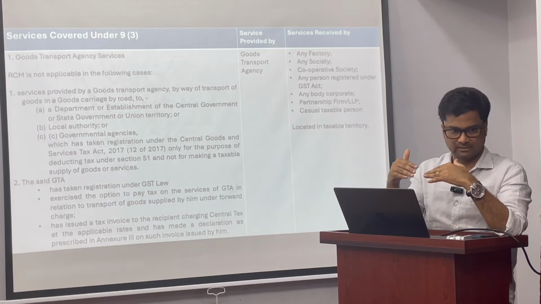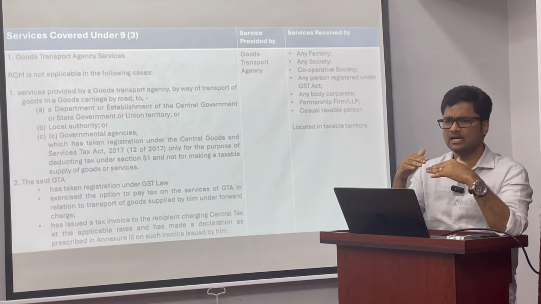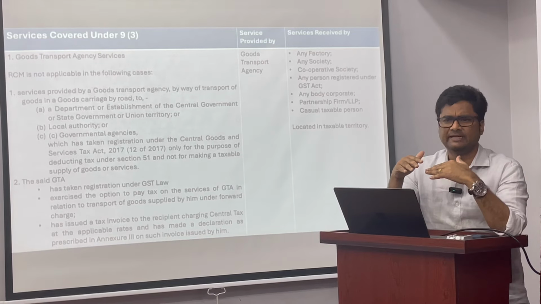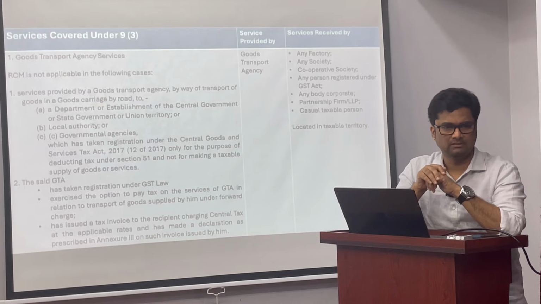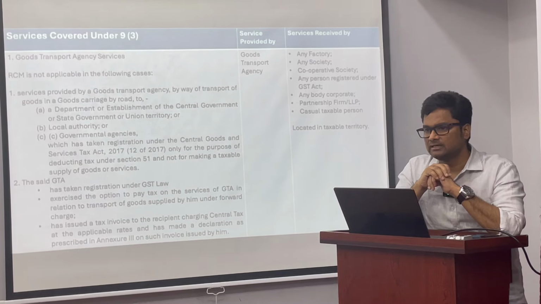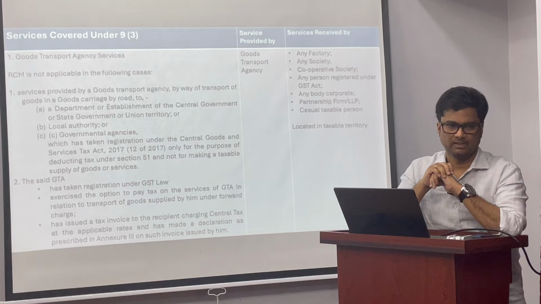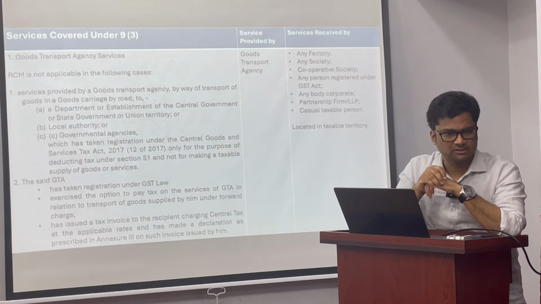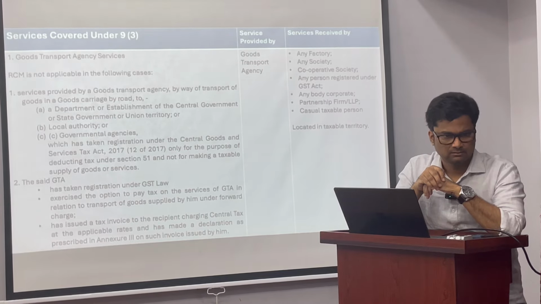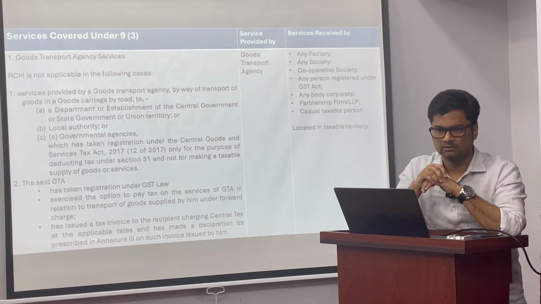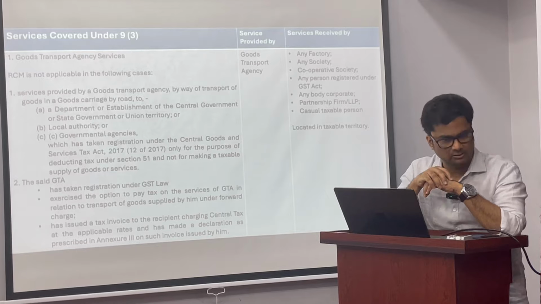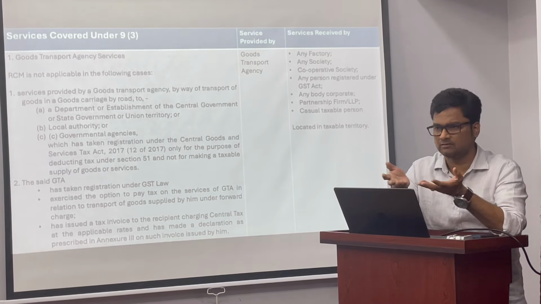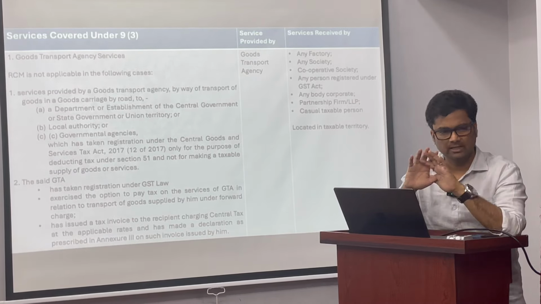Let us say, for example, they are not engaged in any taxable supplies. Then they are not required to take regular registration, correct? They are not. You are required to register only when you are making taxable supplies of goods of more than 20 lakhs. Otherwise, no. So they are not registered.